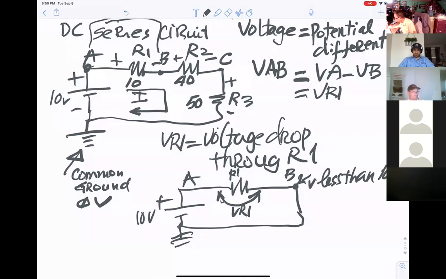When you measure at B, it is supposed to be 7 volts, 5 volts, whatever, but it cannot be equal to 10 or higher. If you turn on your car headlight and touch it, you feel it hot. Electrical energy is converted into heat.